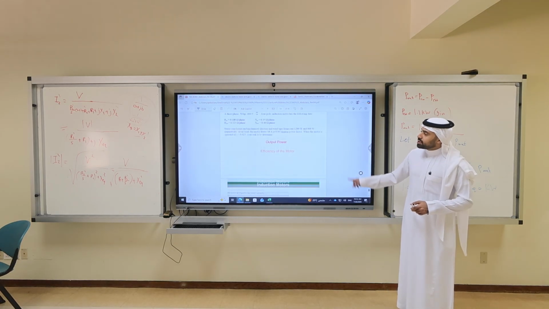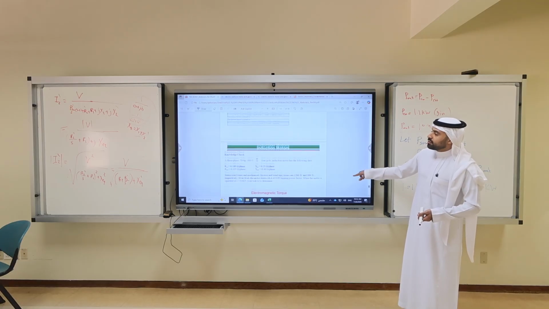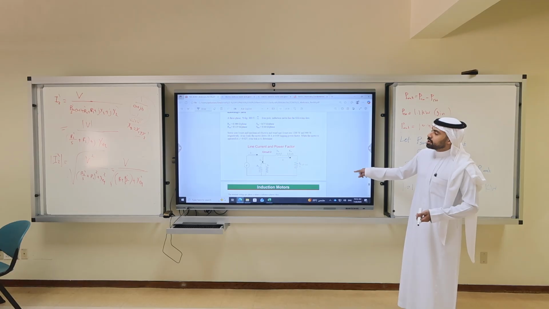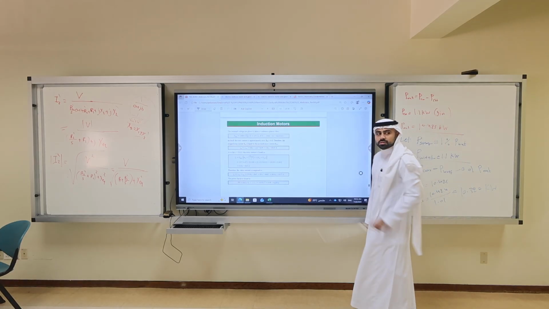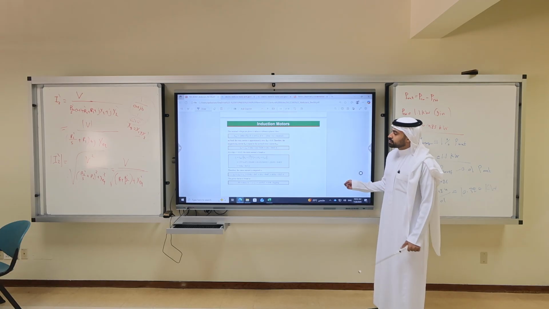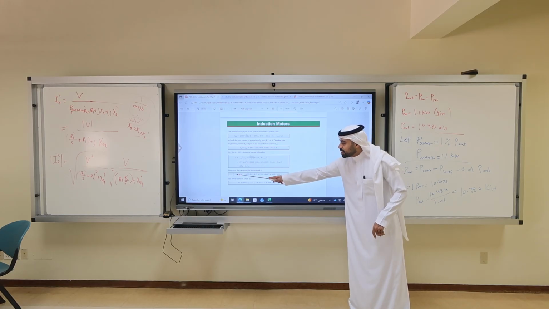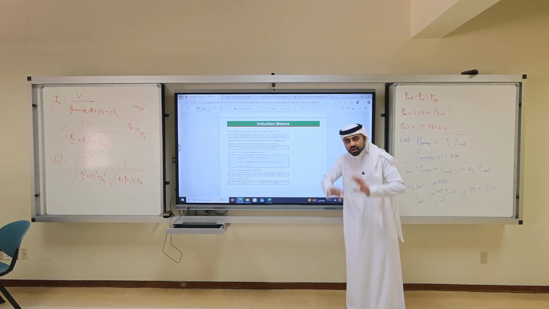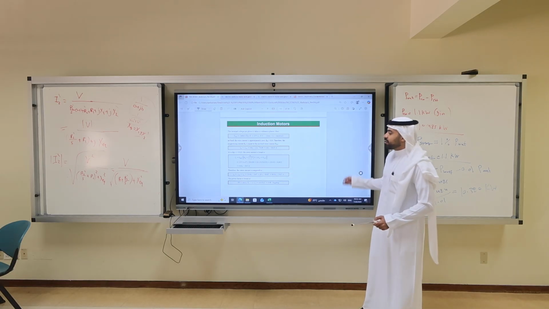It usually includes these. We did a similar example. Here in this example he asks to calculate the line current with power factor. He had another way of showing it. Study it. I will try to explain it in the help session, or if we have time, maybe next section, or in the office hours. He calculated the magnetization current, added it to I2, then got I1. It's another way. Then he calculated the power factor.